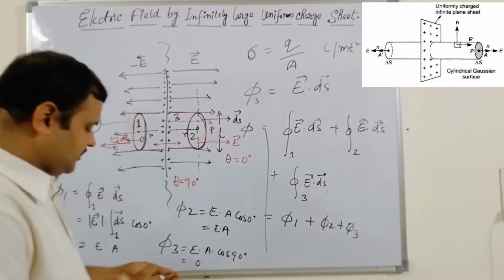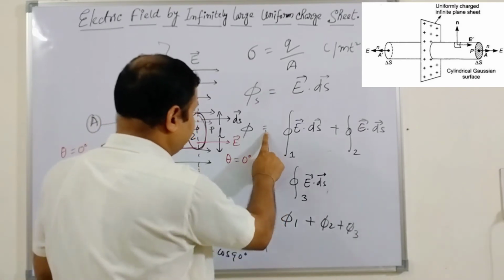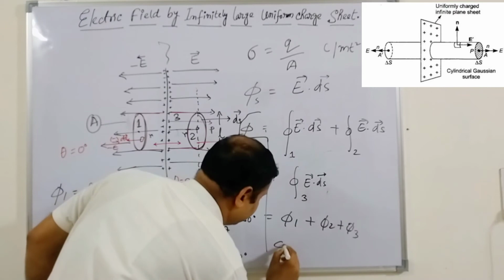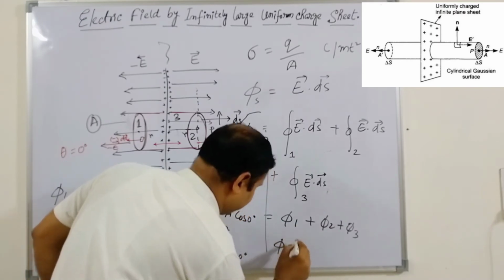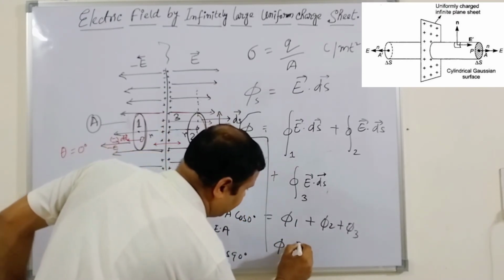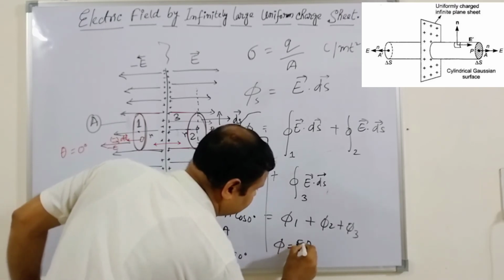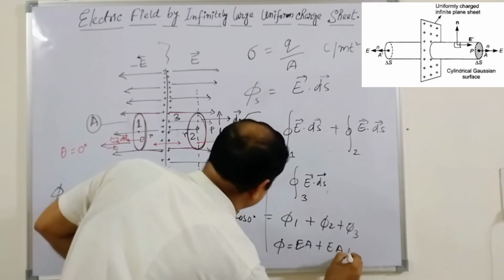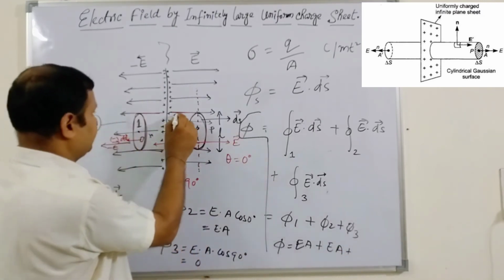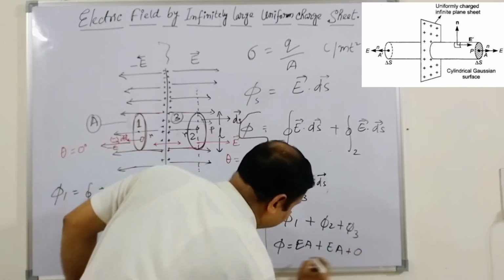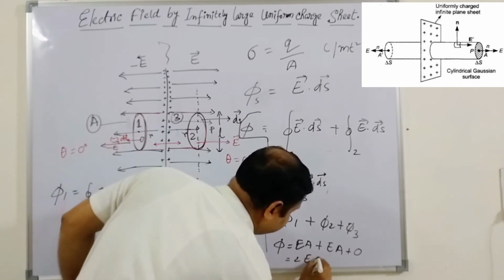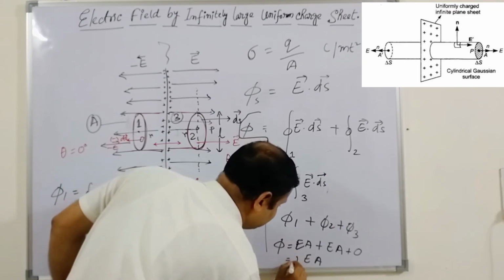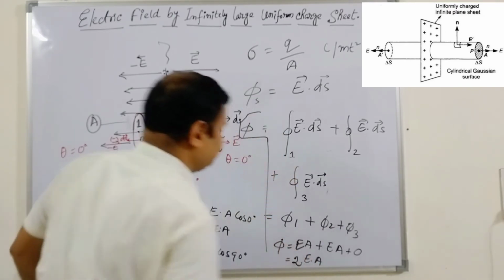So from this, the net phi is phi 1, which is EA, then phi 2, which is again EA, and phi 3, this surface, which is 0. So this is 2EA. So net phi is 2EA. Correct?